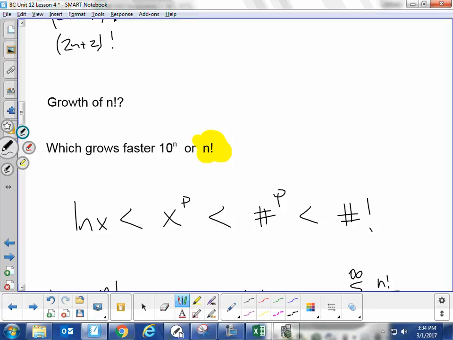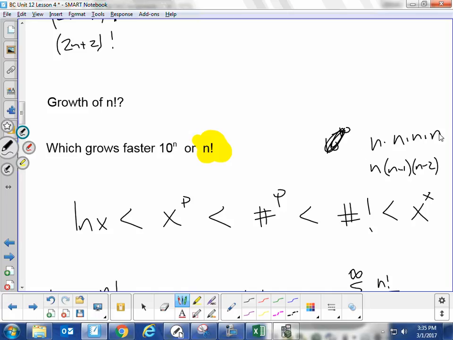Nope. The combination of these two, n to the n, or x to the x, is the fastest growing. Right. But if you think about it, x to the x is definitely faster. If you think about 10 to the 10, it ends up just being n times n times n times n, however many times, compared to n times n minus 1 times n minus 2.